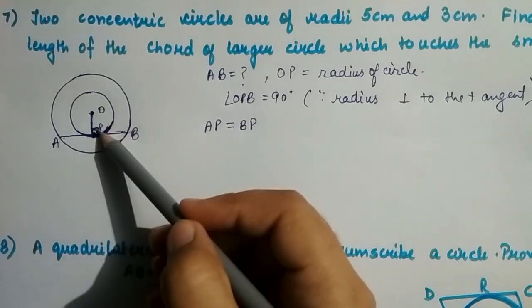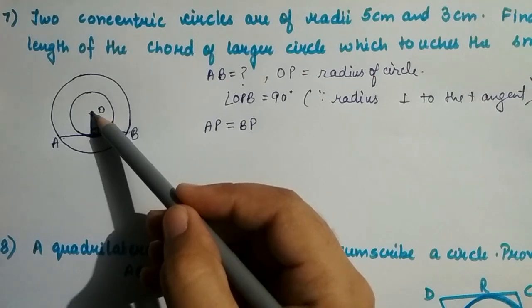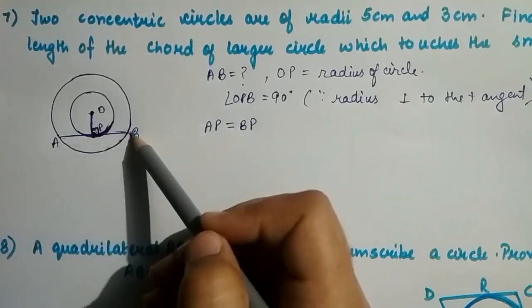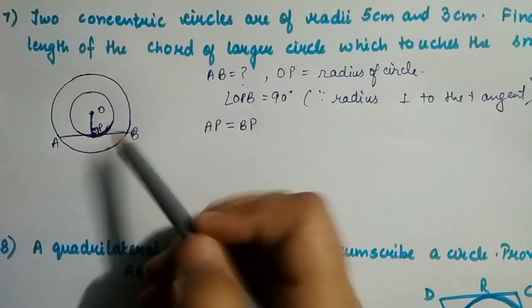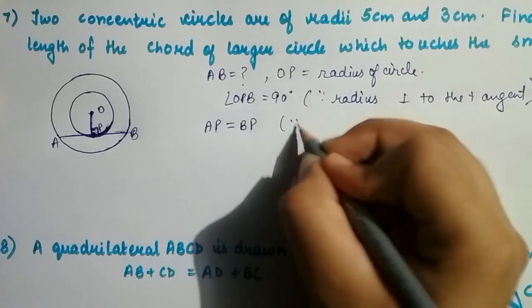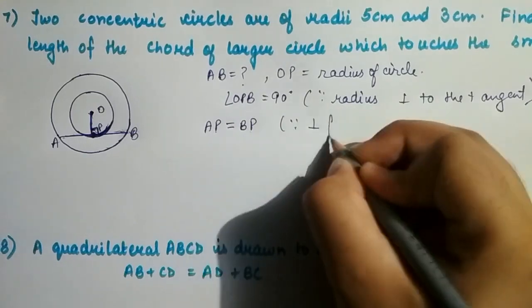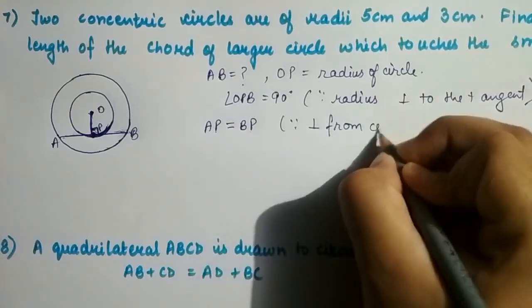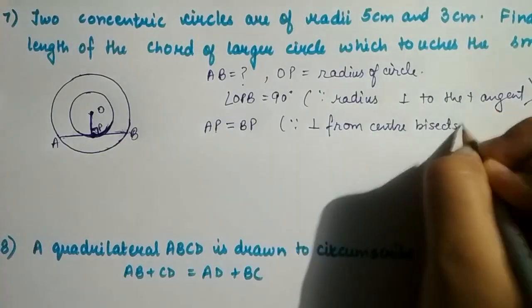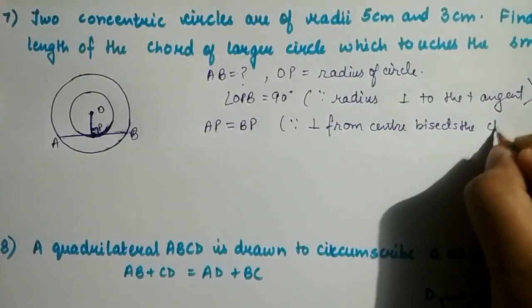Now if this is perpendicular, then this is a line from the center of the circle and it is perpendicular to the chord AB. Therefore it will bisect the chord. Therefore AP is equal to BP, because a perpendicular from the center bisects the chord.